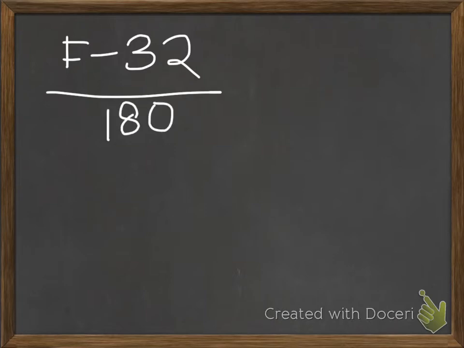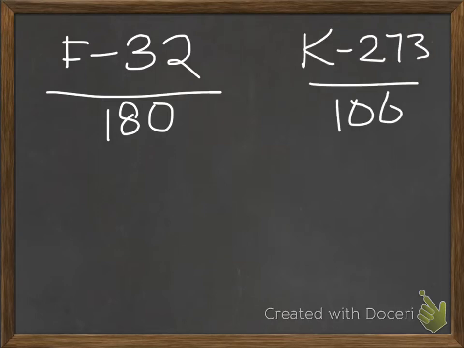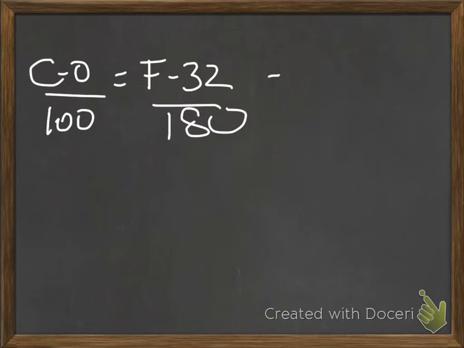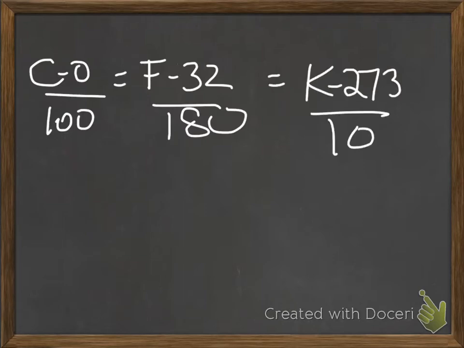For Kelvin also, K minus 273 by 100, according to the same formula. So this means (C minus 0) by 100 equals (F minus 32) by 180 equals (K minus 273) by 100.